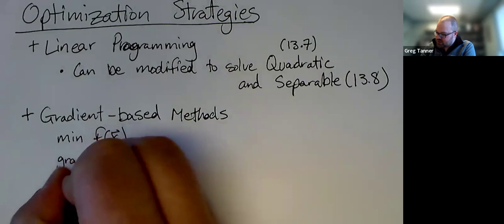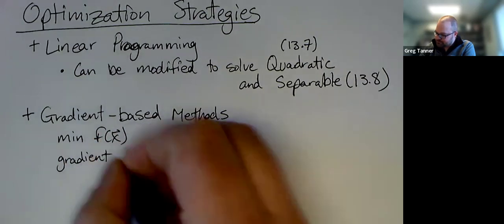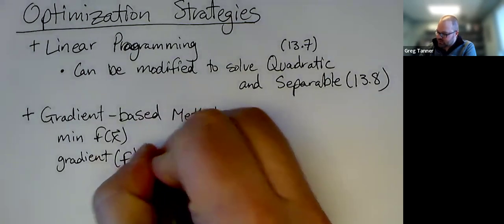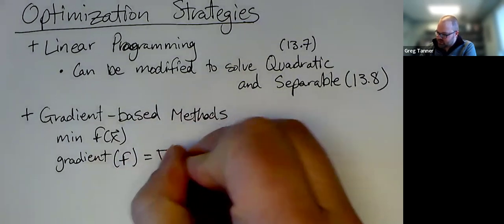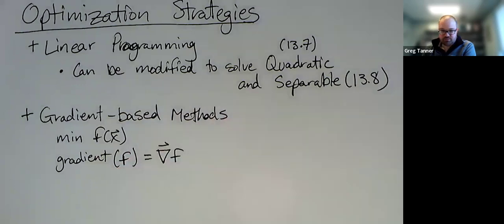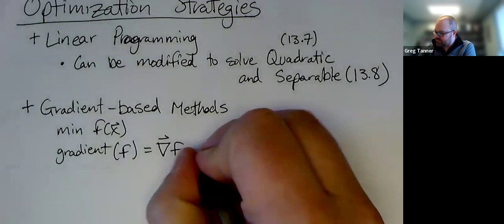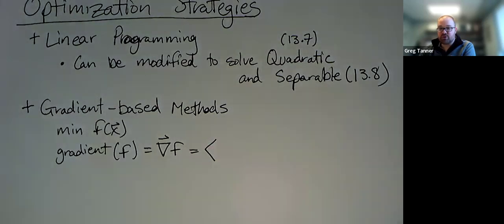These strategies use something called the gradient. And the gradient of f, we sometimes denote with this triangle in front of the f function. That is going to be a vector of all the partial derivatives.